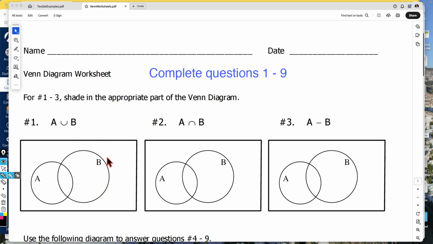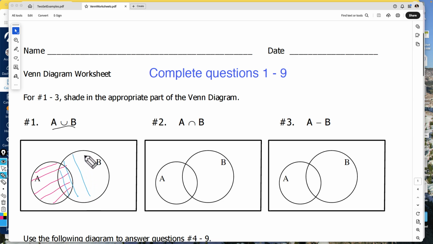So what would I shade here for A union B? Yes, sir. Both of the circles. And you might do this as, okay, I'll shade A with one direction and one color, and then I'll shade B in a different direction with a different color.